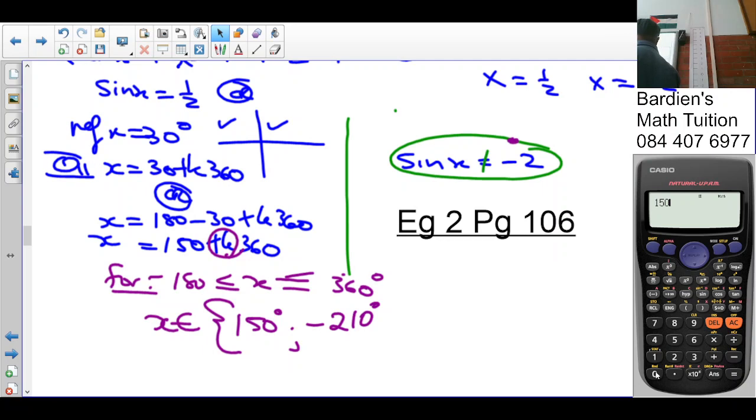So it's 150 plus negative 1 times 360, which gives me negative 210, but if I made that negative 2, then you will see negative 570, which is outside the given domain.